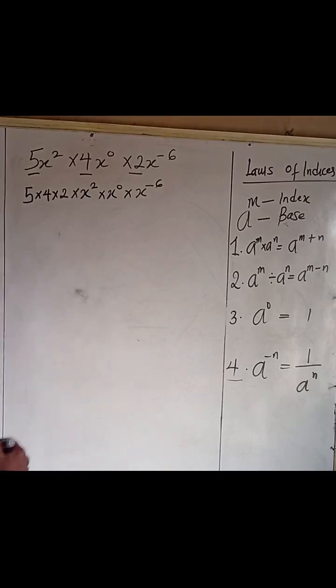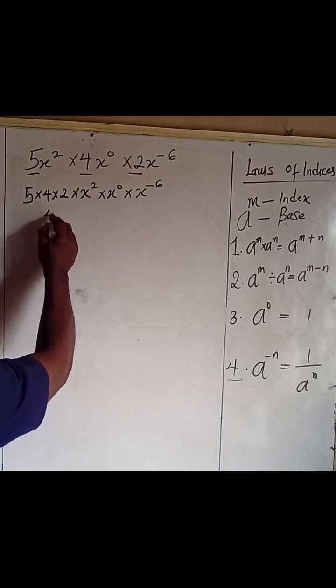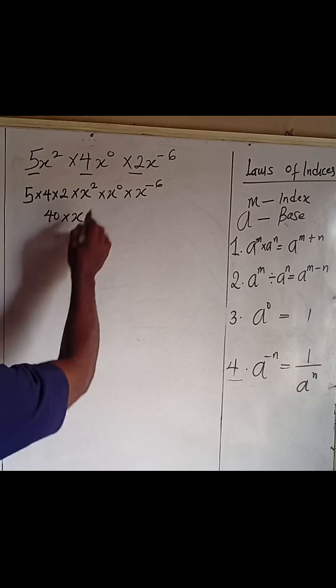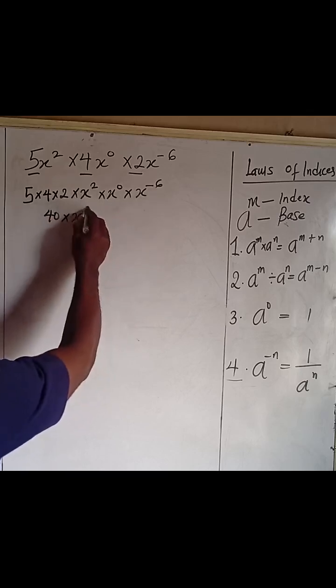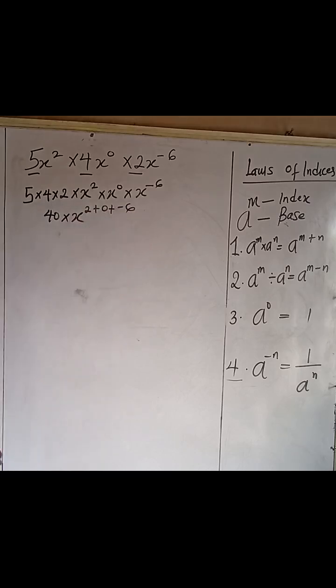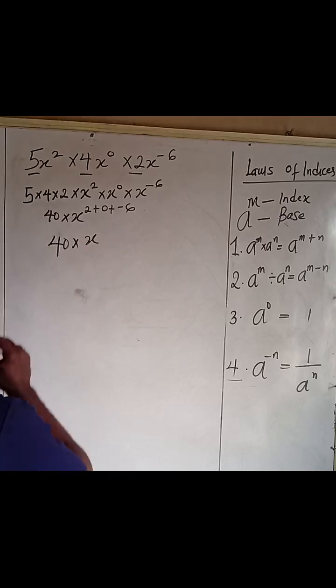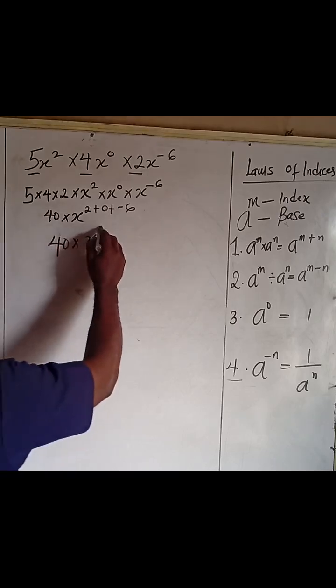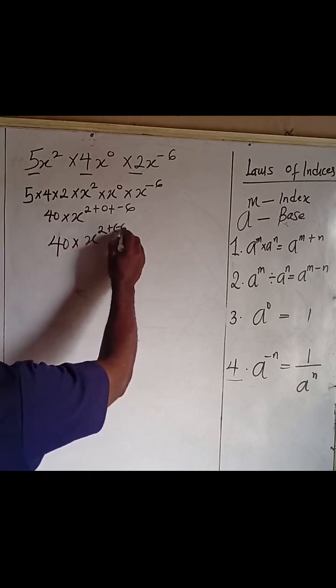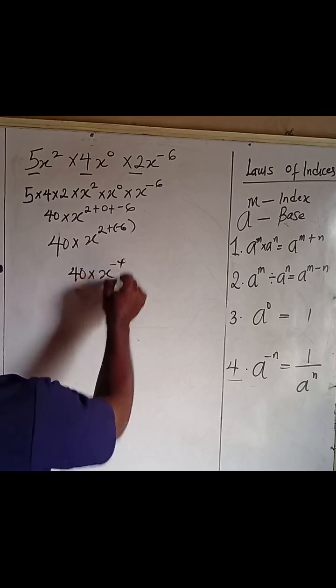Which is, this is 20, that is 40, times x. You now take one base, which is 2 plus 0 plus minus 6. So we have 40 multiplied by x raised to power 2 plus minus 6, which will have 40 multiplied by x raised to the power minus 4.